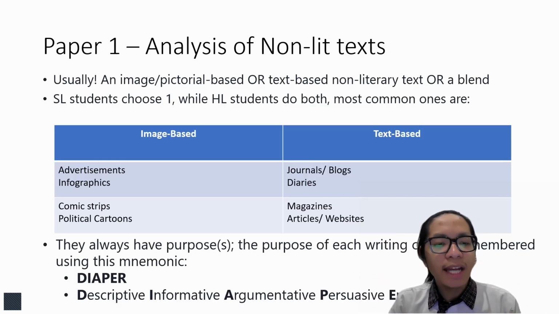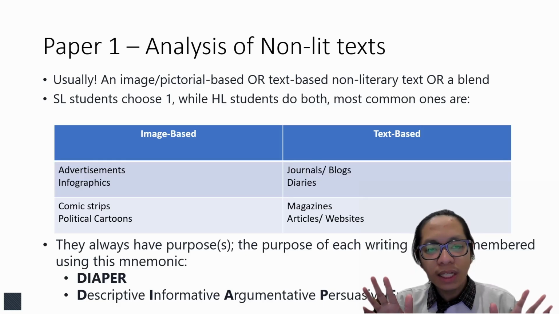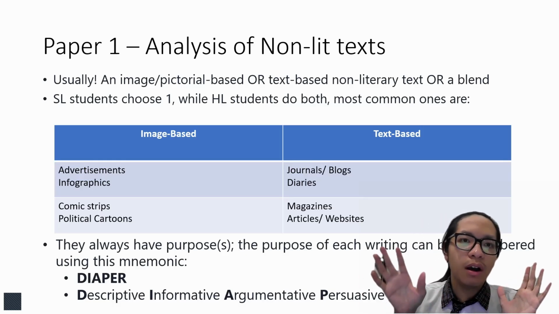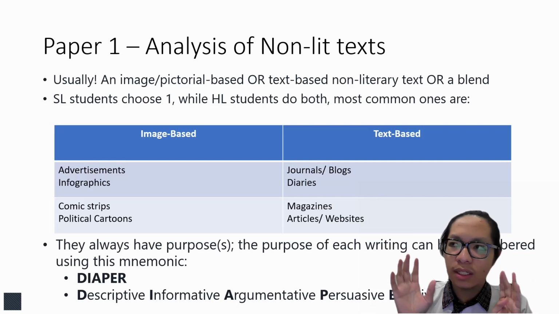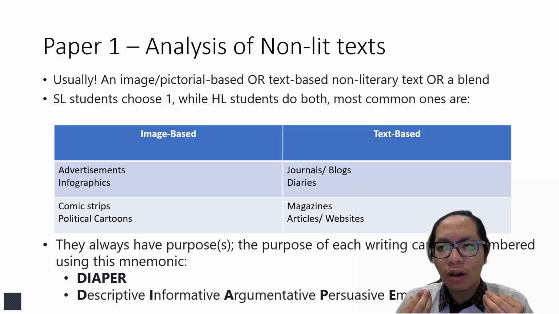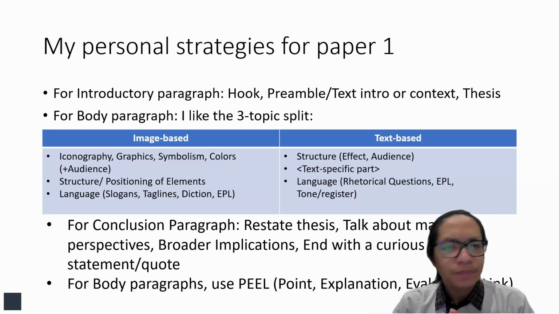And with that, we might be able to cherry pick what each non-lit text is talking about. Generally, almost all of them love to have persuasive. I think persuasive is the most common, the most strong, because they really force the reader to do something, to feel some way. So just keep an eye out for that.